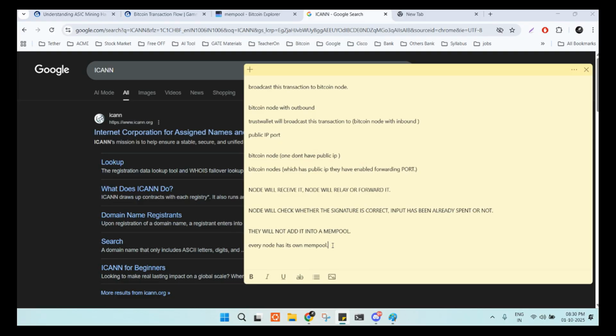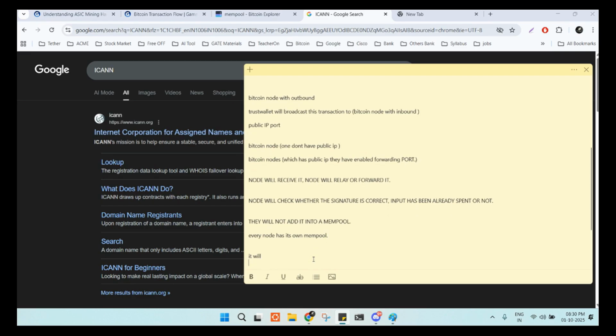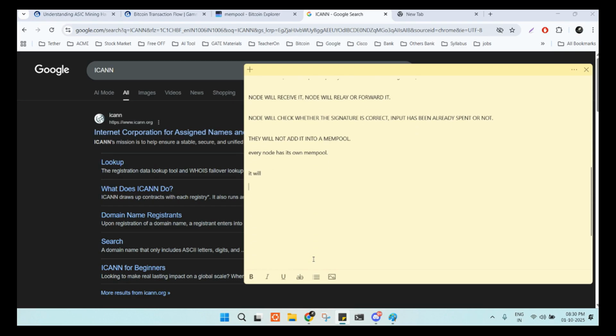And if the transaction has already been rejected, it will not be in the mempool of the nodes and will never get included in mined blocks.